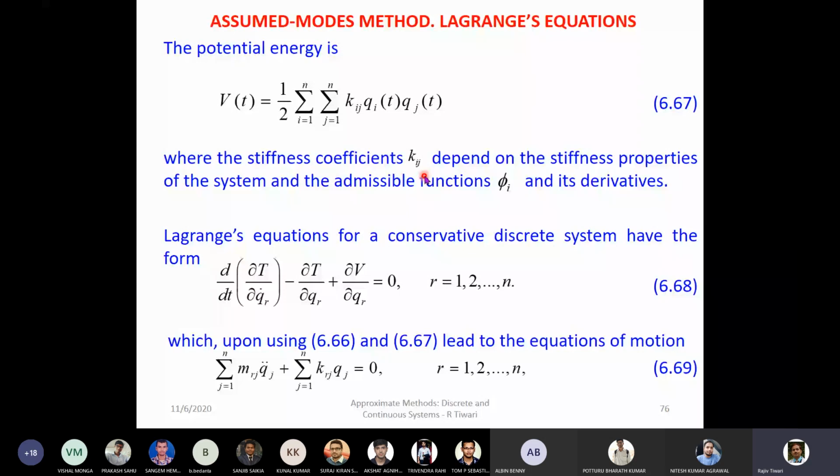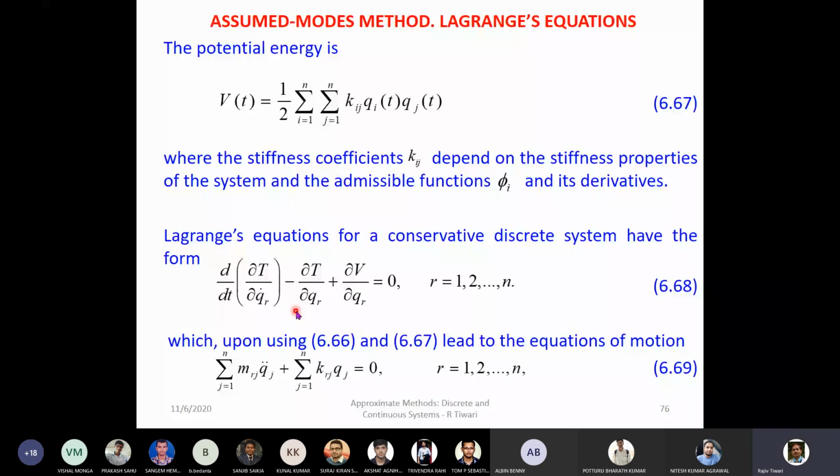So obviously our coefficients, the mass coefficient and stiffness coefficient, will depend upon the assumed admissible function. And earlier we have seen that when we substitute this kinetic energy and potential energy in Lagrange's equation, we get this kind of linear equations.